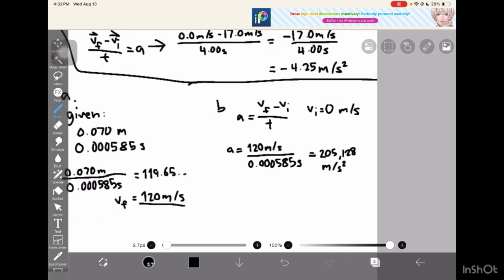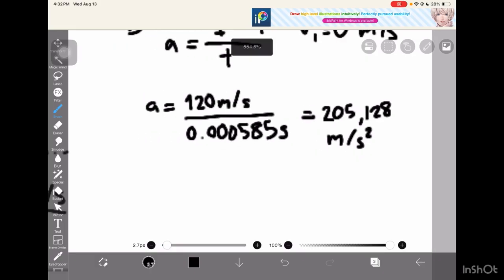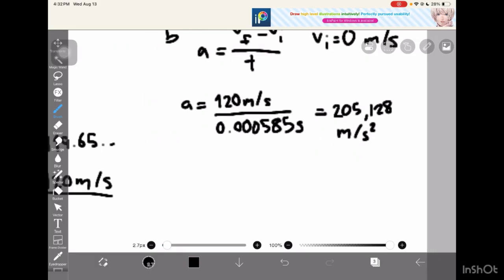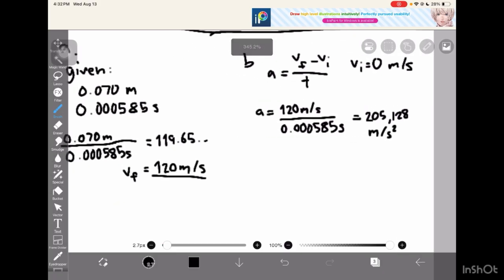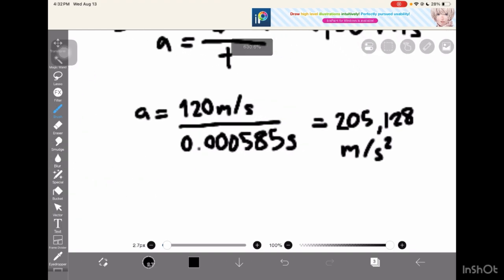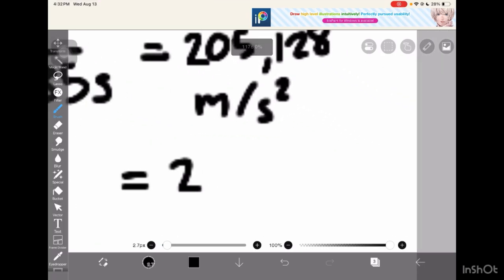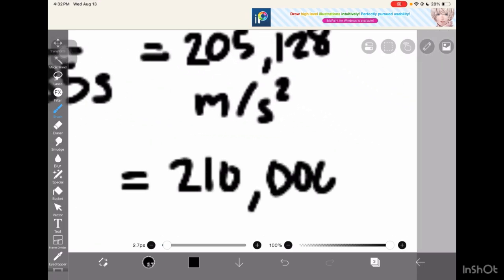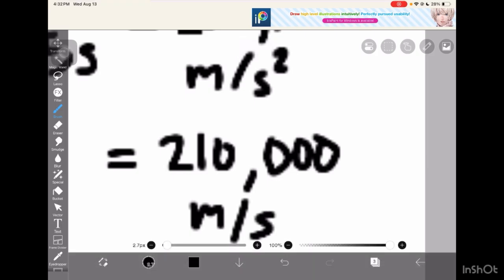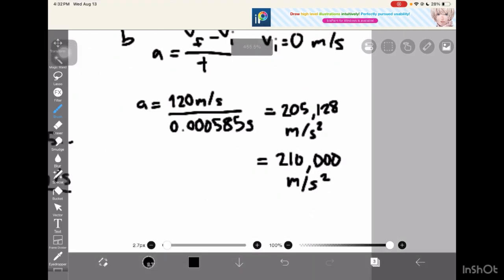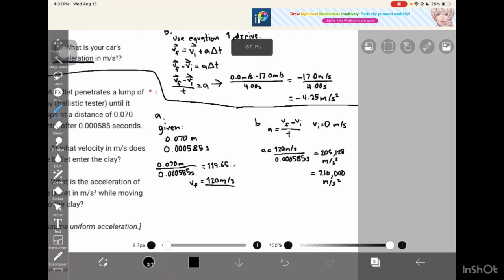It's expected to have this large of a quantity. Like you won't see a bullet just going slowly. So we have 3 SFs over here, oh no, this is 2 SFs. Yeah, this is 2 SFs. So 2 SFs means we need to round this, which means 210,000 meters per second squared. So that's your acceleration, and that's your letter B answer.